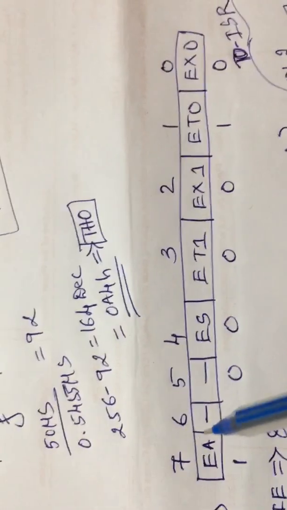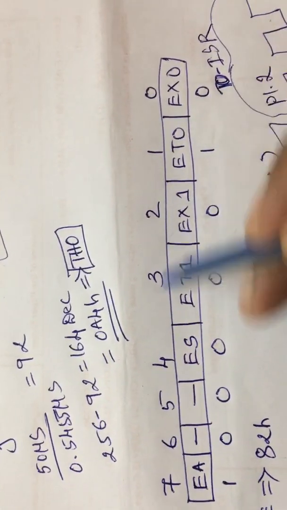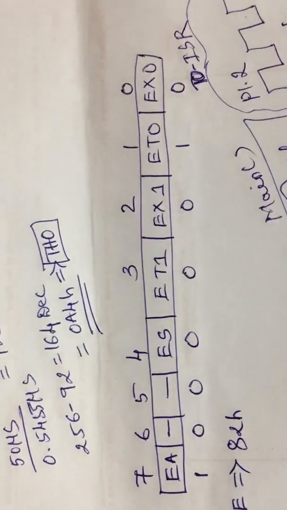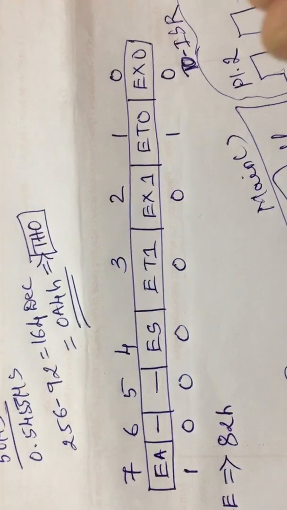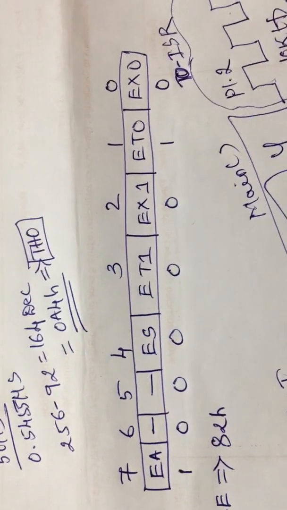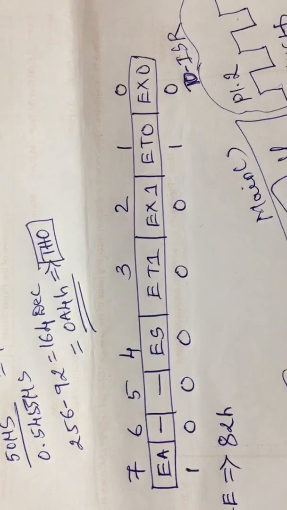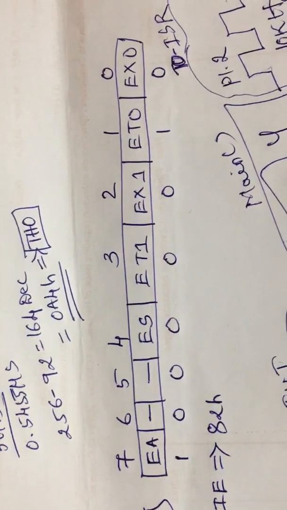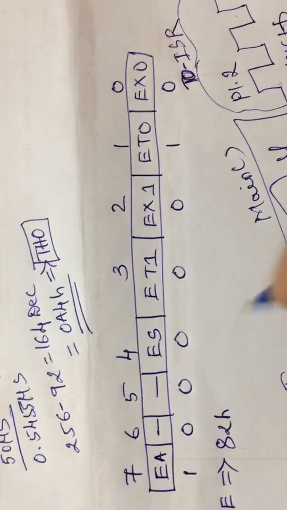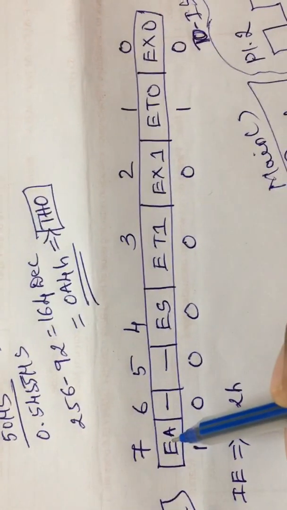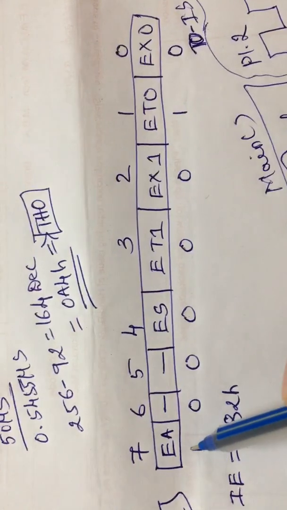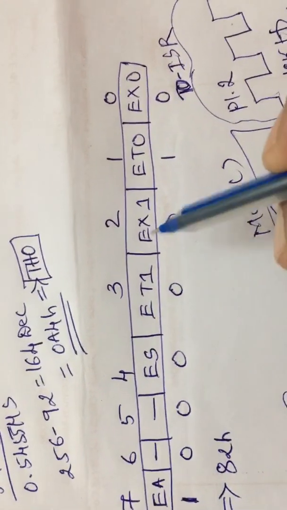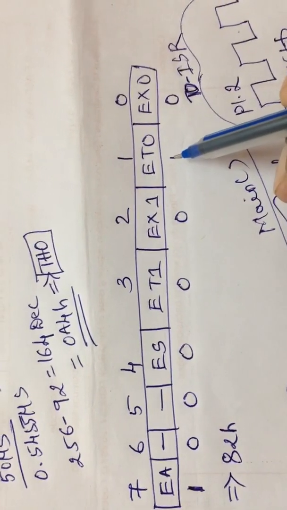Here I have written the bit pattern of the interrupt enable register for every interrupt programming part. Whichever interrupt is generated, that particular interrupt bit is to be set to 1 in the IE register before writing the code. That is compulsory, right? So here EA, interrupt enable, should always be equal to 1, because if this is equal to 1, whatever bit value is set to 1 will be activated.